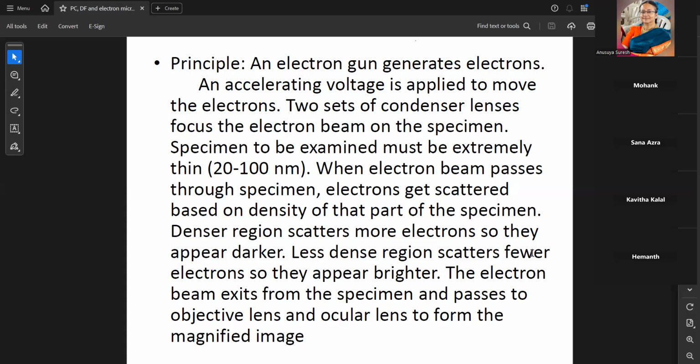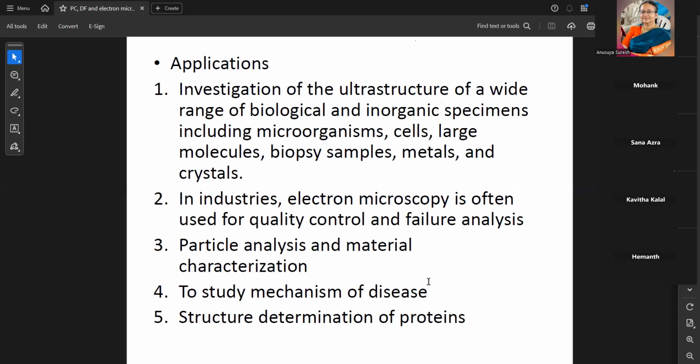When they pass through the specimen, they get scattered based on its density. The part which is more dense has more scattering of electrons and appears dark in color. The part of the specimen with less density has less electron scattering, so it appears brighter in color. And then the electron beam comes out from the specimen, passes to the objective lens, and then the magnified image is formed. So what are the applications of this?